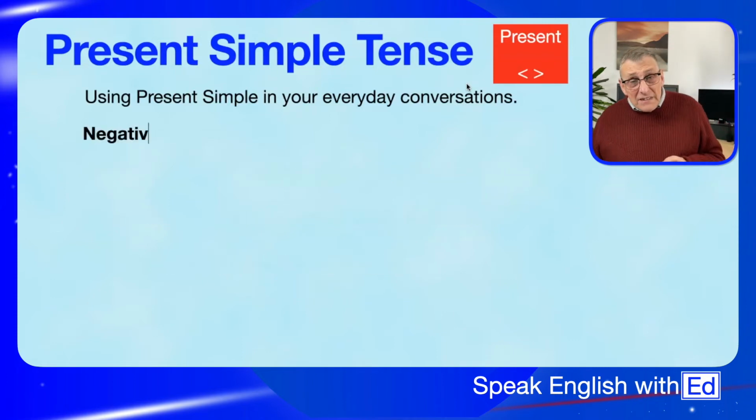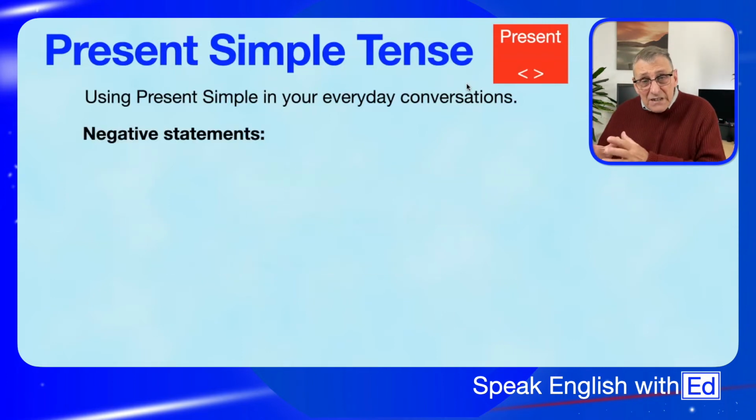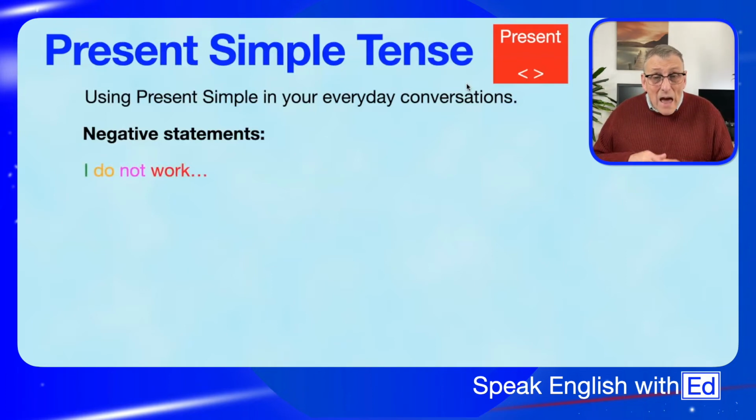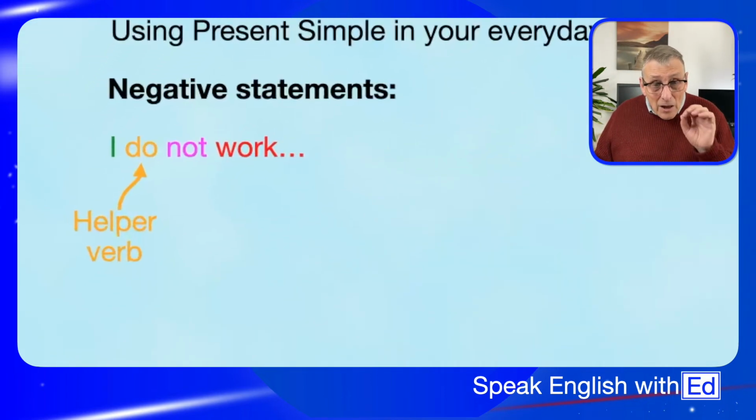We use it for negative statements as well. That was positive statements, where yes, I do, or yes, he does. Now we get into negative statements. I do not work. Negative statements are a little bit different because we need to add a helping verb. The helping verb in this case is do.